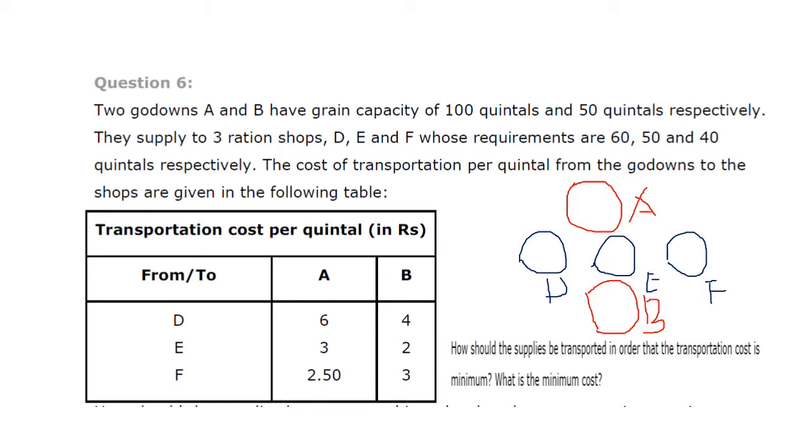The total grain capacity of A is 100, and total grain capacity of B is 50, and these ration shops need 60, 50, and 40 respectively.